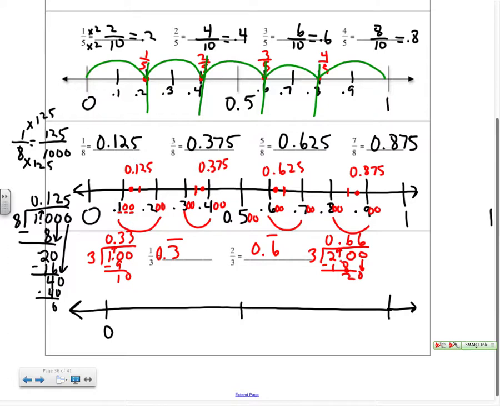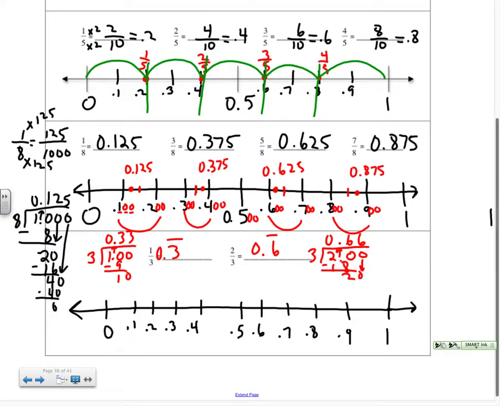Let's go ahead and mark our number line into tenths. 1/10, 2/10, 3/10, 4/10, 5/10, 6/10, 7/10, 8/10, 9/10, and 1 whole is 10/10.